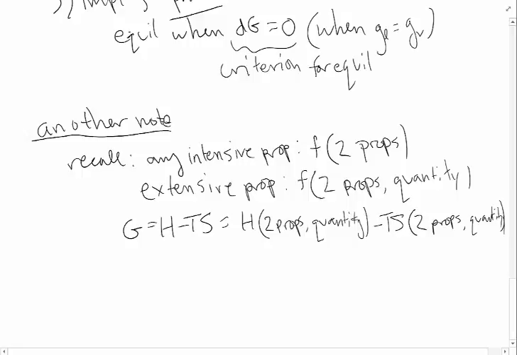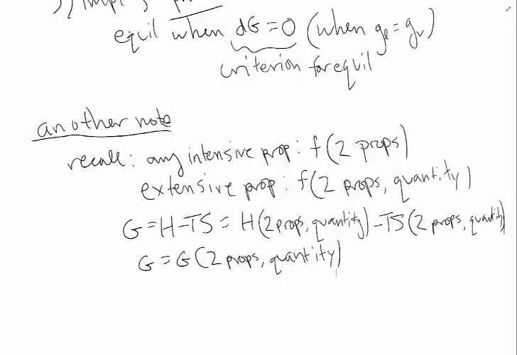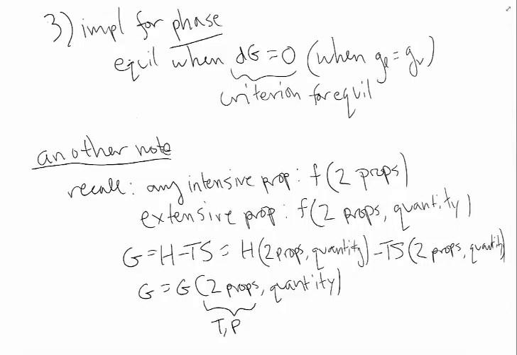So that means that G is also a function of 2 properties and the quantity. So what that means is that if you have 2 properties and the quantity, you can get G just like you can get any other property. Now, for mathematical reasons, we're typically going to choose the 2 properties for the expressions of G to be temperature and pressure. Technically it could be any 2 properties, but the way the equations play out, it makes most sense to use temperature and pressure as the functions for G.